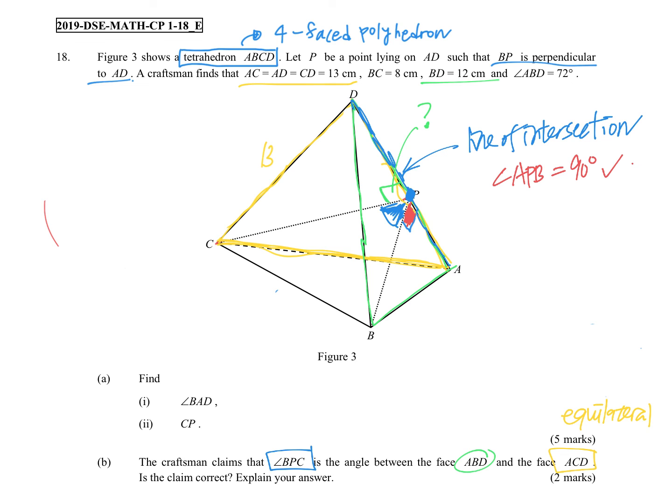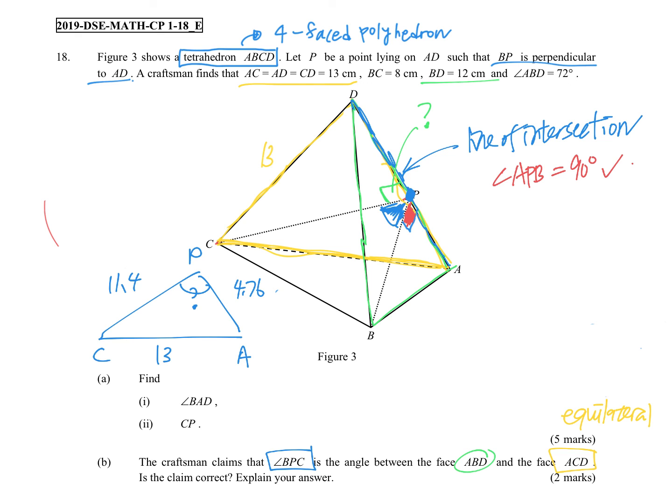So ACP. Now AC we know is 13, right? Is this a 90? Luckily AP we saved. This is 4.76, and CP has been found as 11.4.